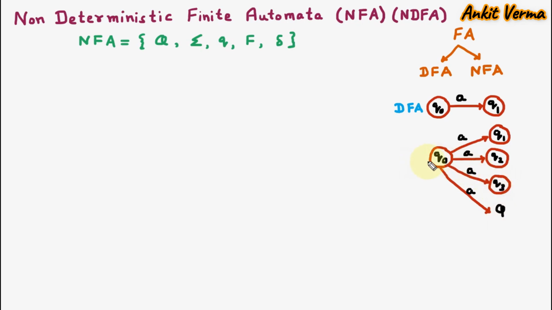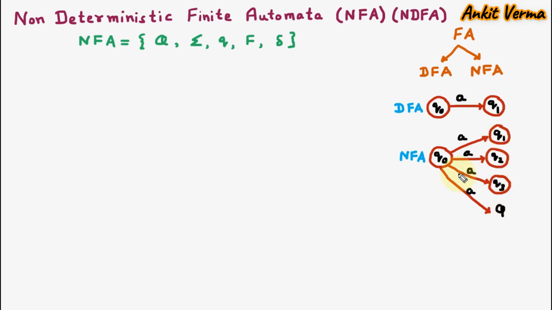This is NFA. That means non-deterministic finite automata. Here it is non-deterministic because we cannot determine, if the A is coming, whether we can go to Q1, Q2, Q3 or nowhere. That means nothing is fixed.